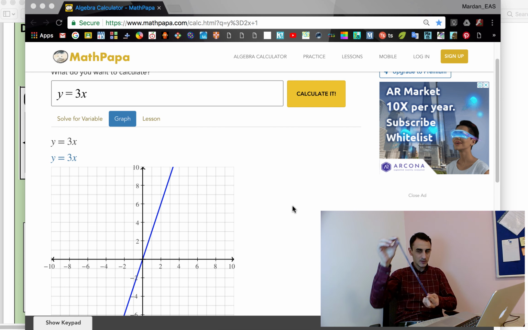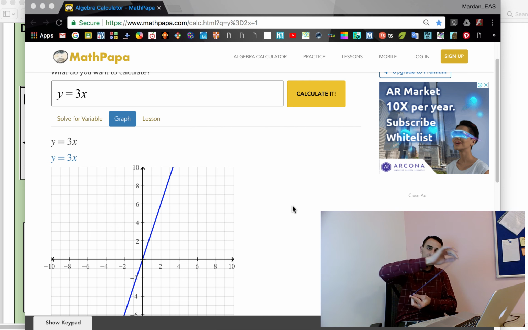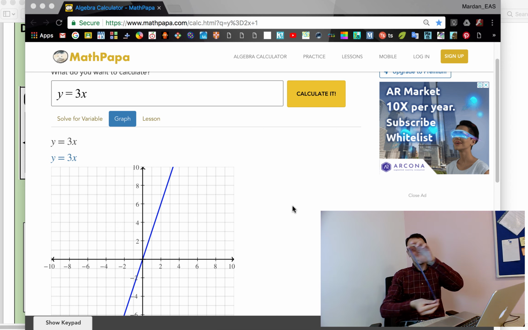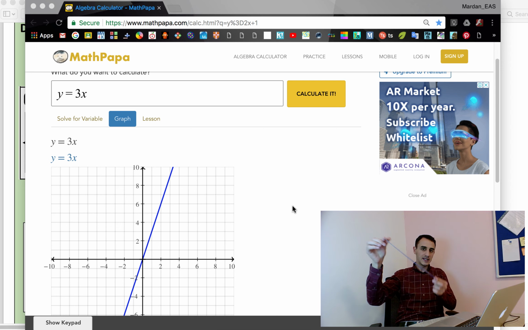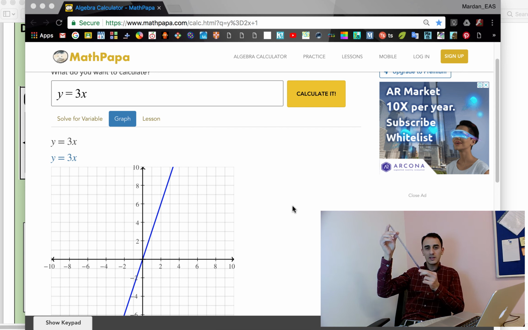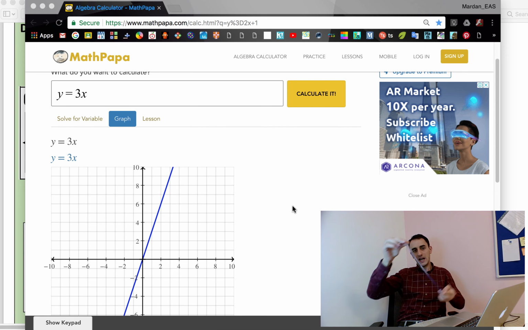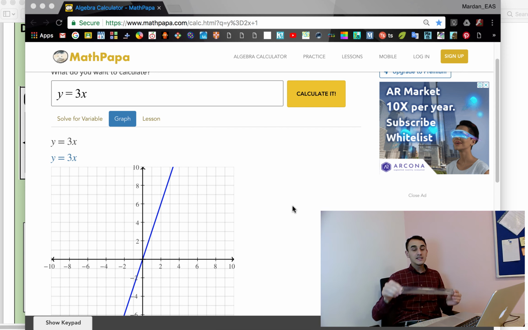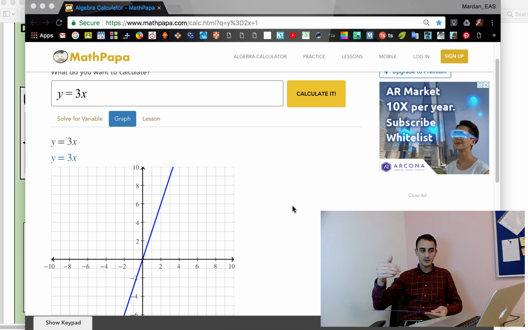This is more steep. So if the number in front of x is changing, the steepness of the line is changing. It's changing over 360 degrees. So it means that this number affects the steepness of the line. Clear?